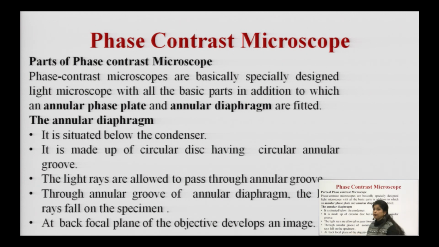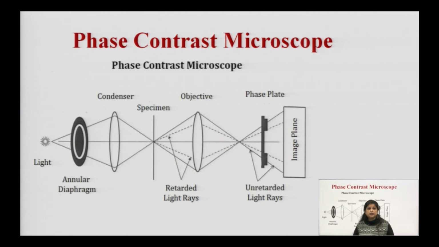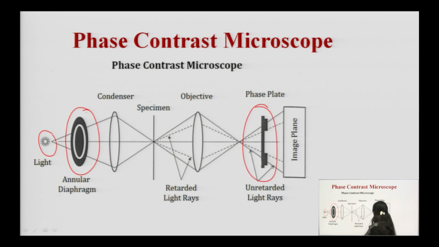As you can see in this image, there is a light source, but one extra addition is the annular diaphragm, which was attached before the condenser but after the light source. Here we place the specimen, here is the objective lens, and the extra attachment here is the phase plate.